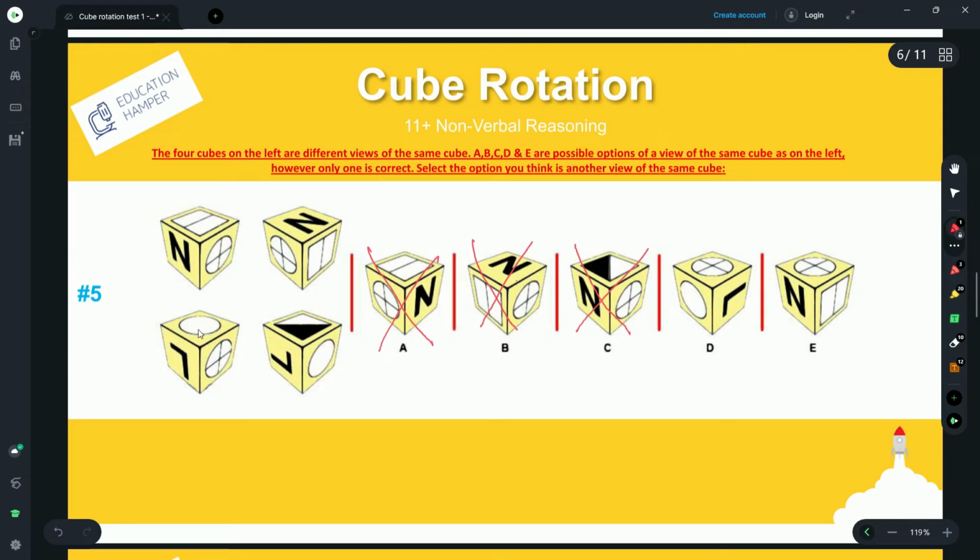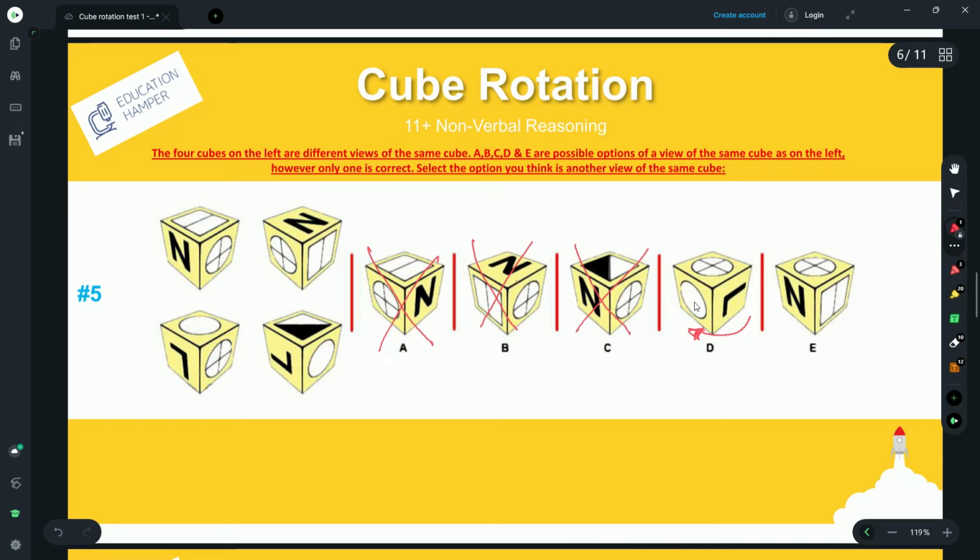And the bottom of the L is facing towards the circle. And if you think of it from a 3D perspective, you would turn this that way.